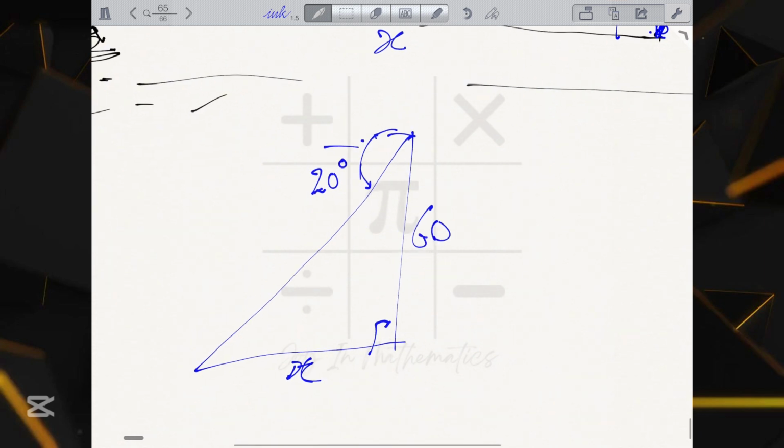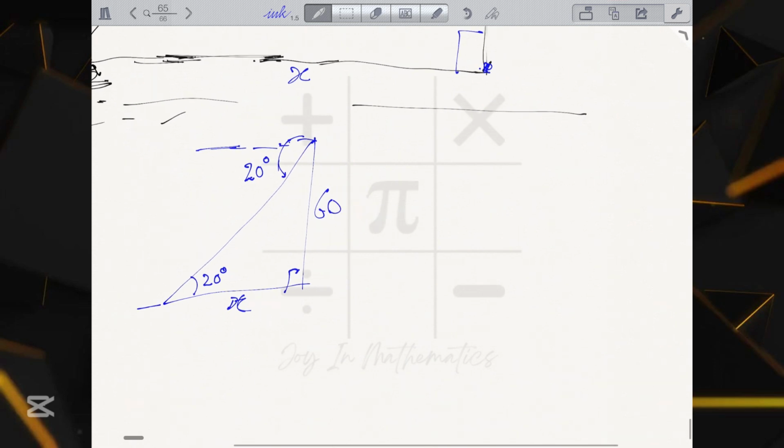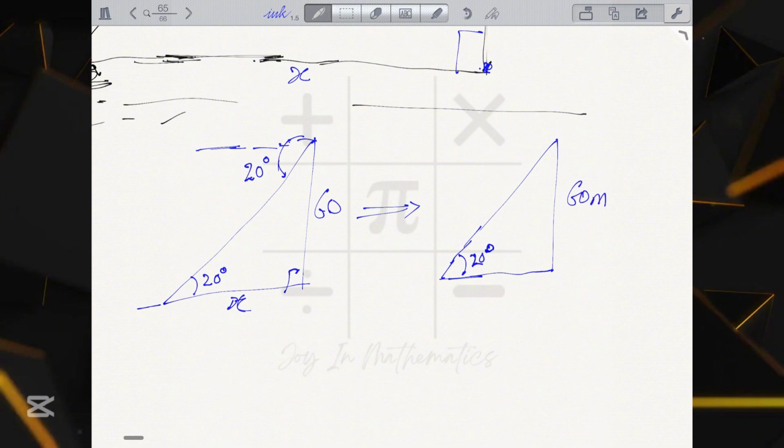Now according to adjacent angles, because these two lines are parallel, this angle will also be 20 degrees. So we have a simple right angle triangle with an angle of 20 degrees, a height of 60 meters, and a base of x, and we are asked to find the base x.